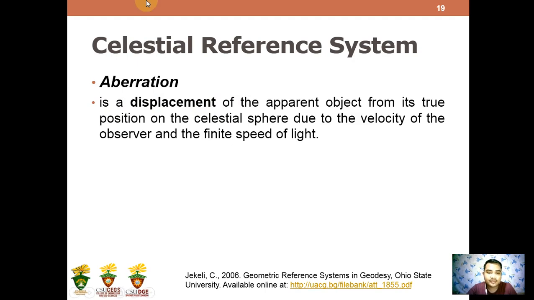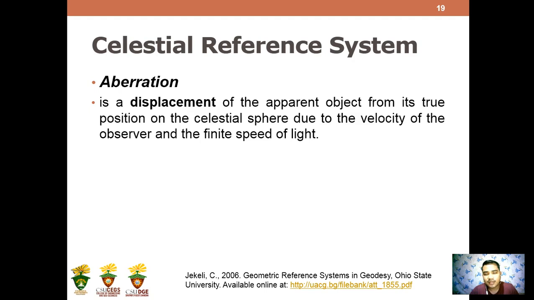So aberration is due to the velocity of the observer, because you cannot notice it when you observe stars at night. To you it seems the star may move, but that is not the fact. It's because our motions are faster, that is why we see that.